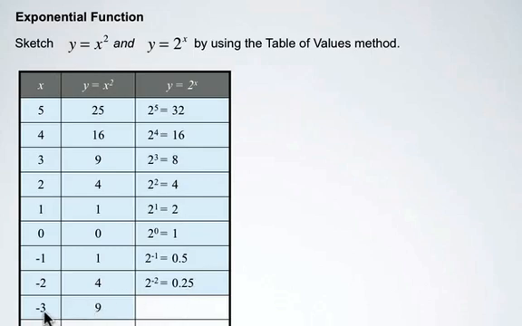For when x is negative 3, y equals x squared is 9. For 2 to the x, 2 to the negative 3 is equal to 0.125.